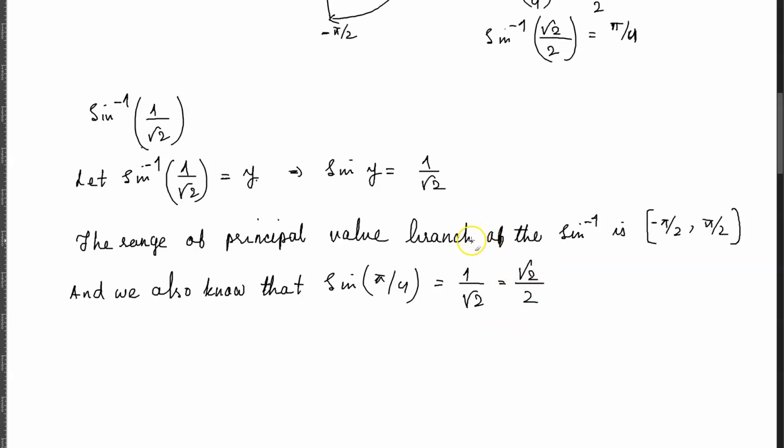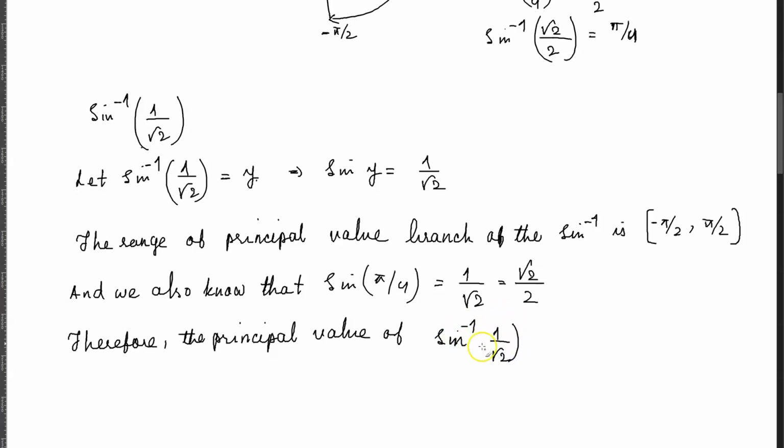Therefore, the principal value of sine inverse 1 over square root of 2 is the same thing as pi by 4.